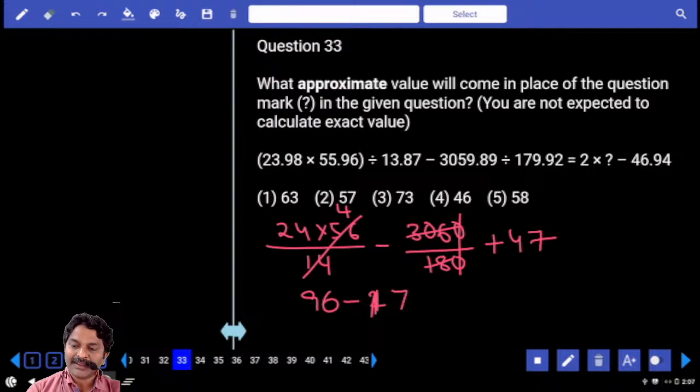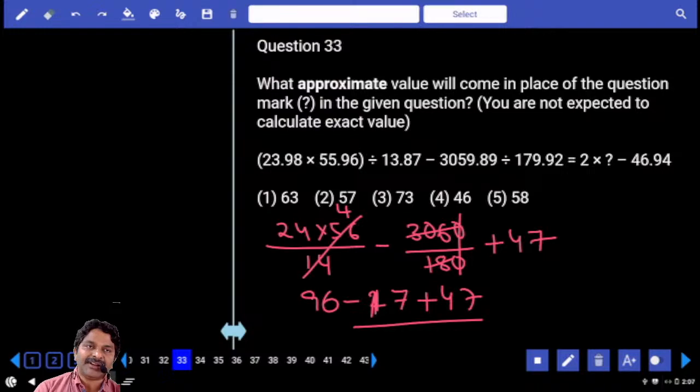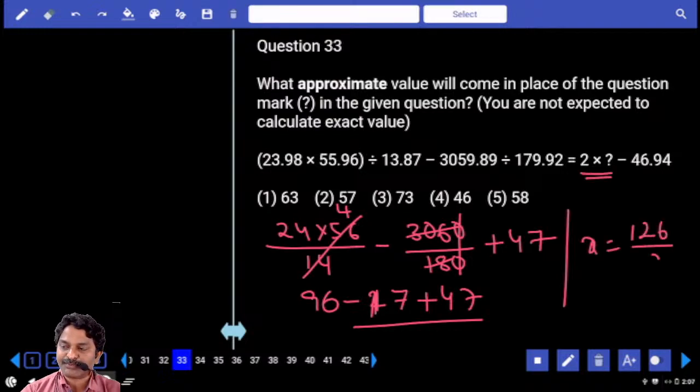How many times? 17 plus 47, minus 17 plus 47, 30. 96, 30, 126. 126 is equal to 2x. Then x is equal to 126 by 2. Answer.